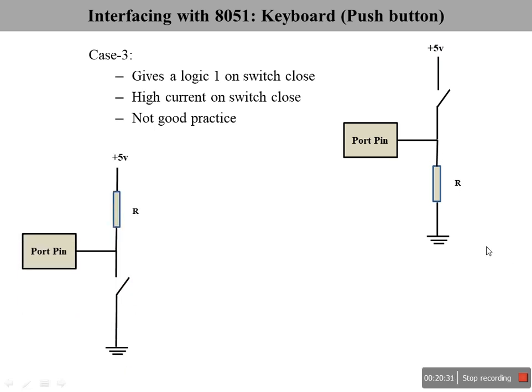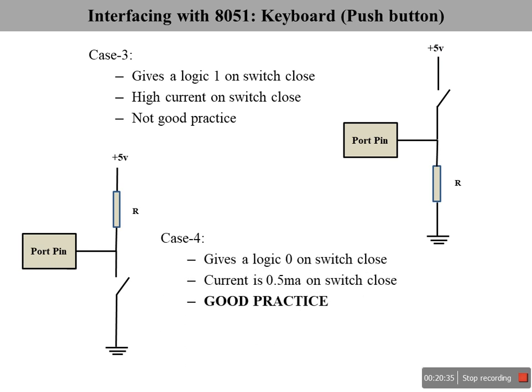So we can use this, which is considered a very good configuration. Here one end of the push button is connected to the port pin, the same point is connected to the power supply through a resistor, and the other end is directly grounded. When you close this push button, the port pin will carry logic 0, else it will carry logic 1.